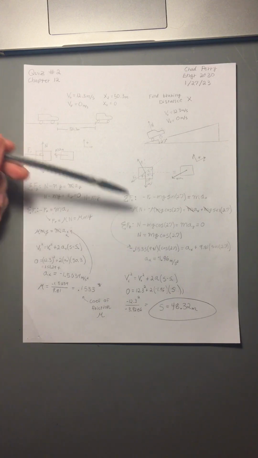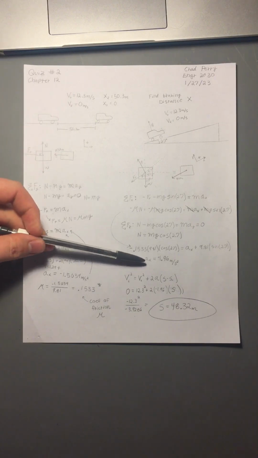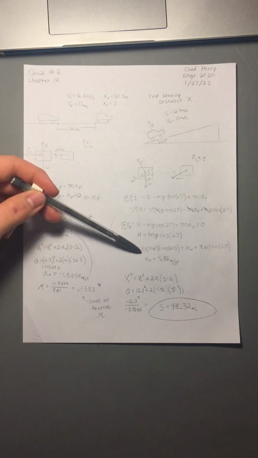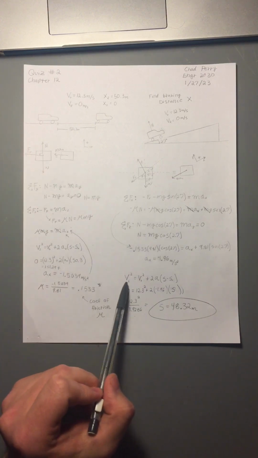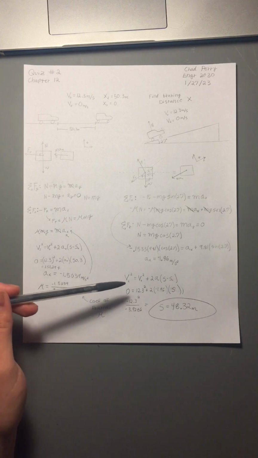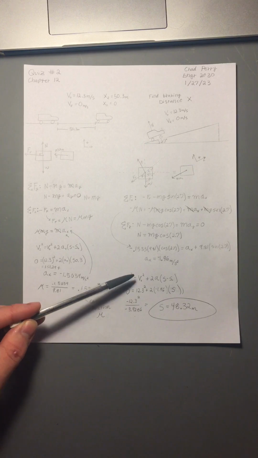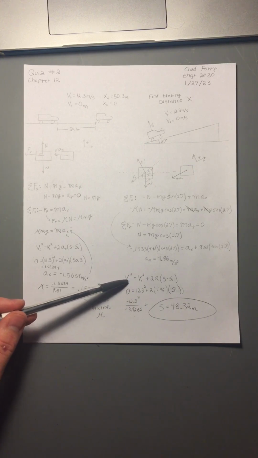is right here. And then what the question wanted us to find was the distance. Now that we have the acceleration, we can go back to that same kinematic equation here and plug in what was given in the problem. The final velocity is 0 because the car came to a stop.